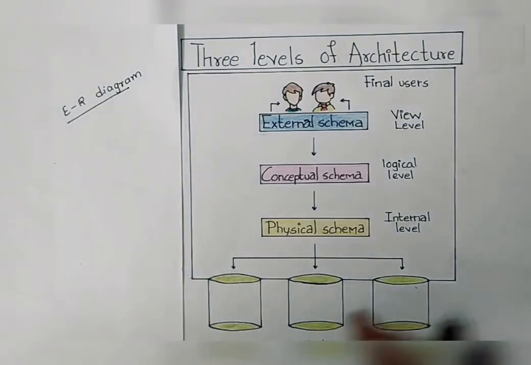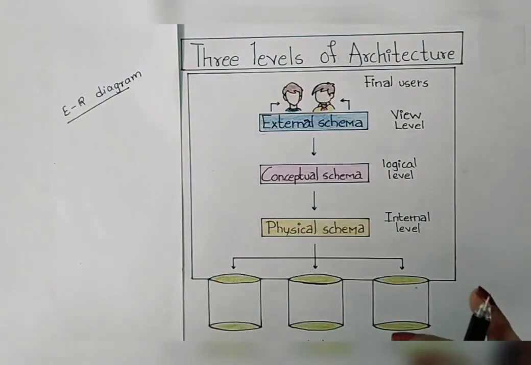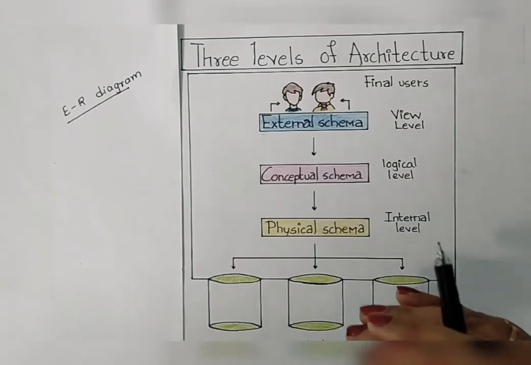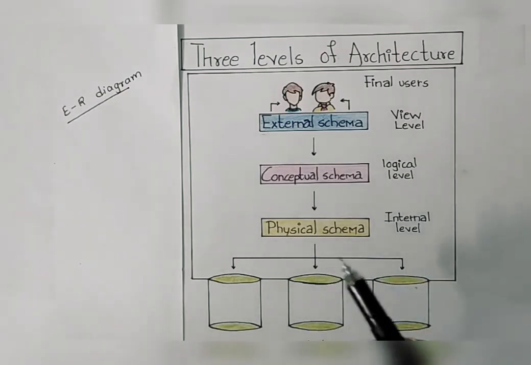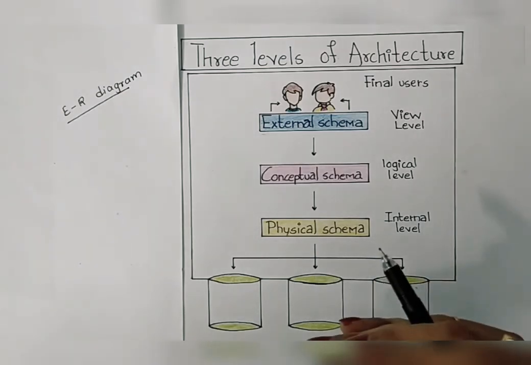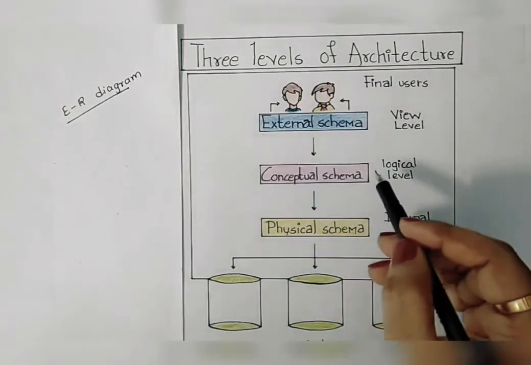Suppose we want to store some data. We will take the example again of train reservation. We want to store the data about the trains. What data you want to store about the trains will be decided at the conceptual schema.